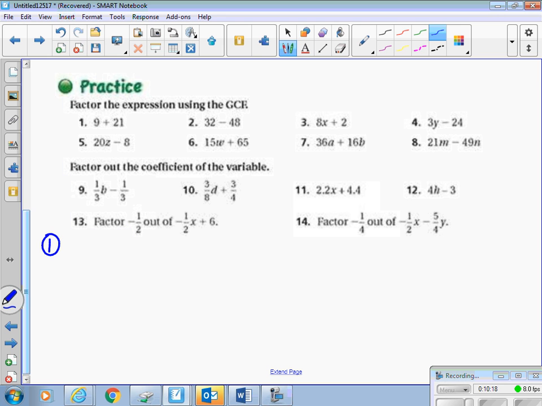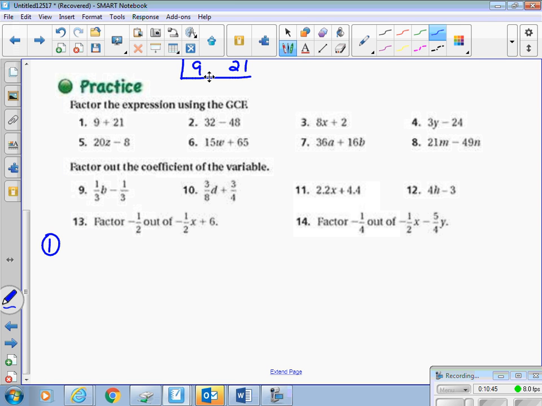So remember, we can do our factor trees to find the GCF, or we could do the ladder method. Or you could even find the GCF in your calculator if you have a TI-73 using your math button, and we'll teach you that in class. So 9 and 21, if I want to do the ladder method, what do 9 and 21 have in common?